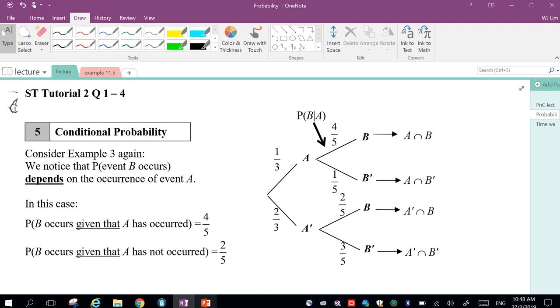Okay, so this is a conditional probability. This probability, 4/5, is called probability A given B, with a vertical line there.